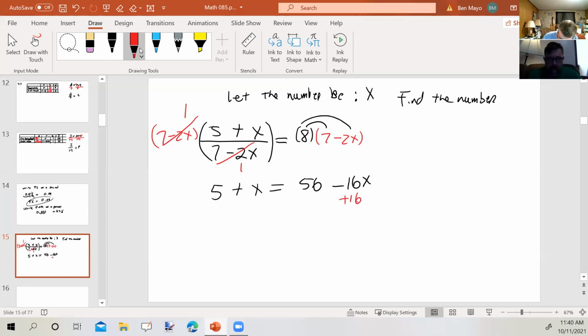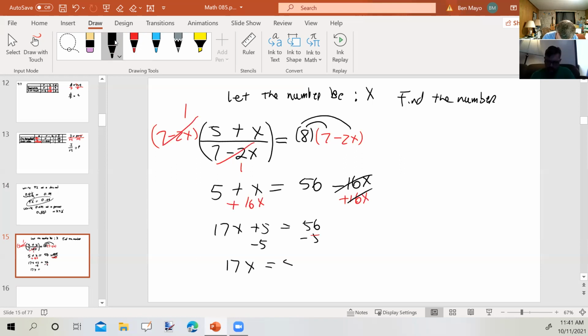So I'm going to add 16x to both sides of the equation. I get 17x plus 5 equals 56. Then I will subtract 5 from both sides of the equation. 17x equals 51. Dividing both sides by 17, x equals 3.